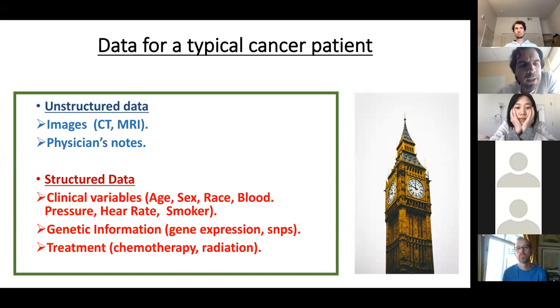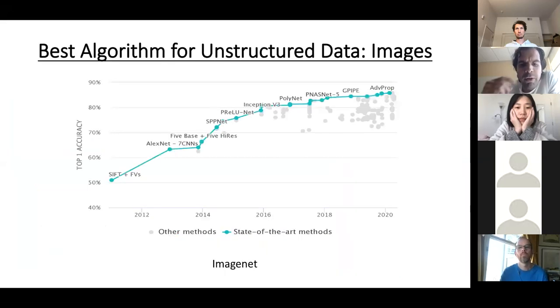So now let's see what the best algorithms are for the specific aspects and start motivating representational gradient boosting. Here is an example. It's quite telling of what happened after 2012 for the analysis of images. In the x-axis you have time, and in the y-axis you have the accuracy.